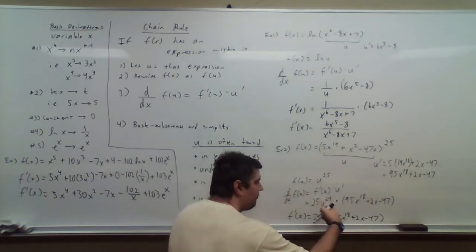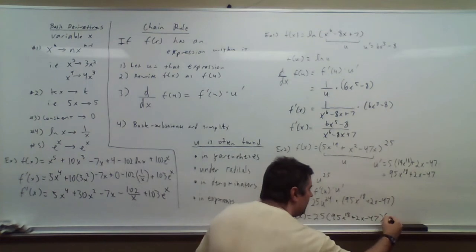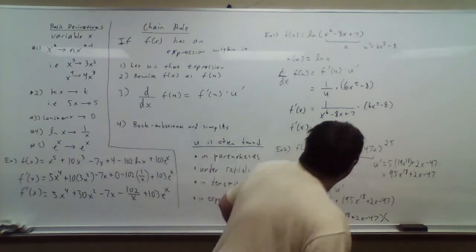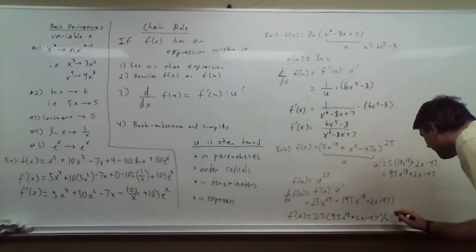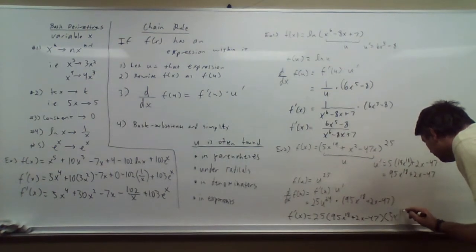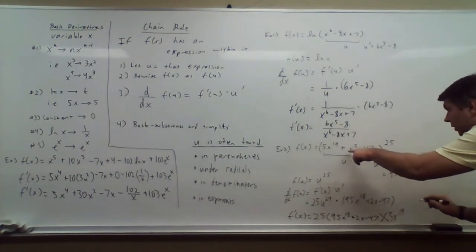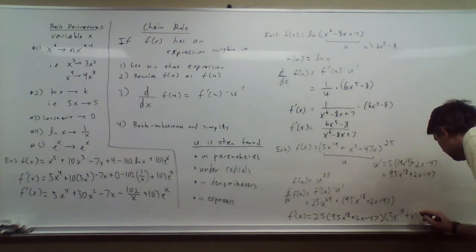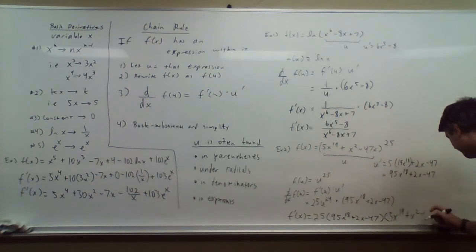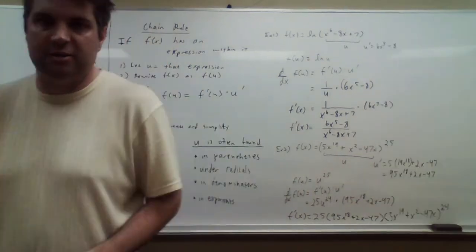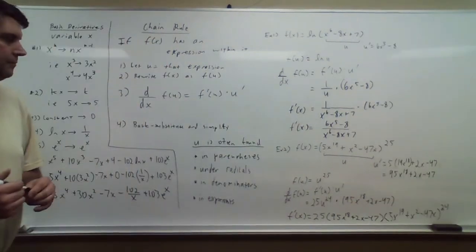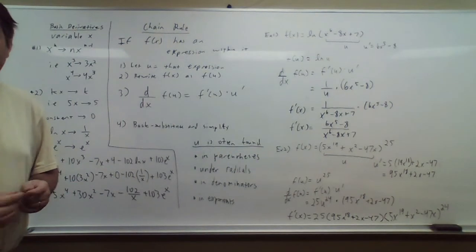And then the u to the 24th will be replaced by 5x to the 19th plus x squared minus 47x to the 24th power. I hope that fits on the screen. It does. Okay. So that's the idea.